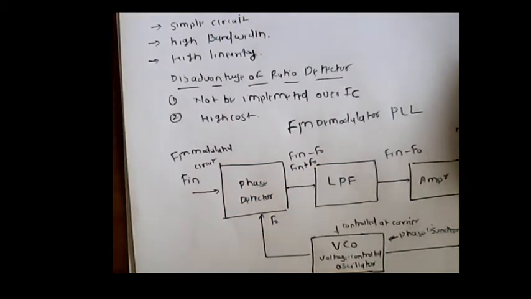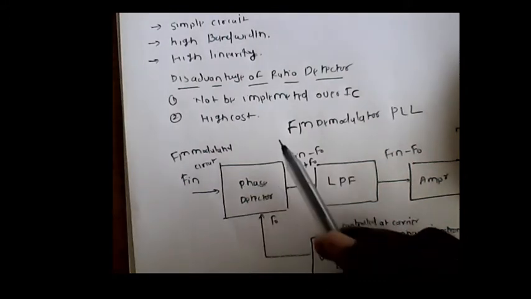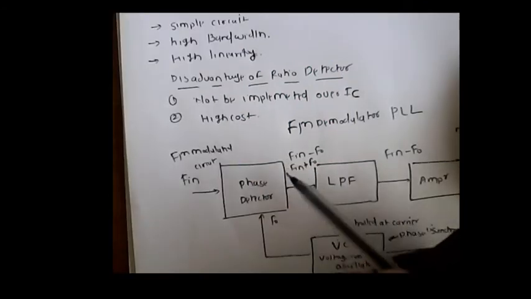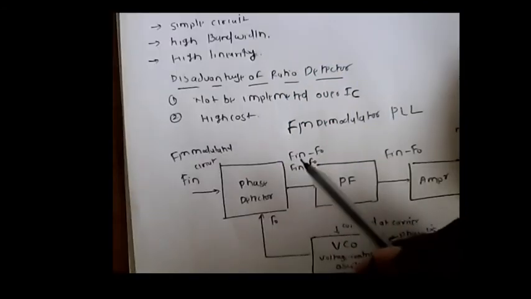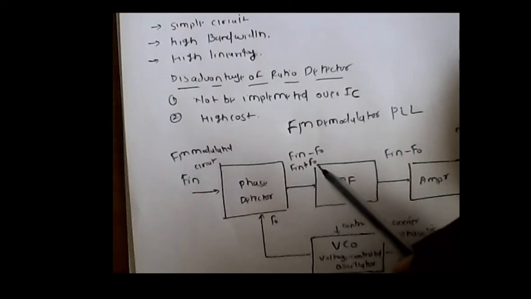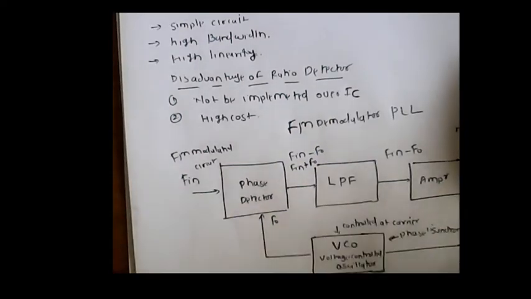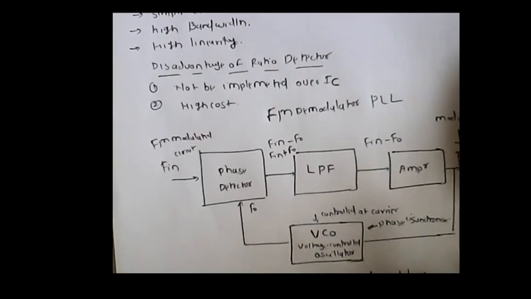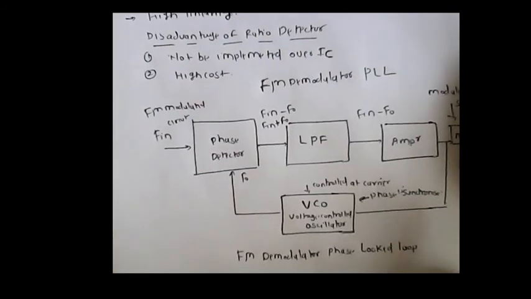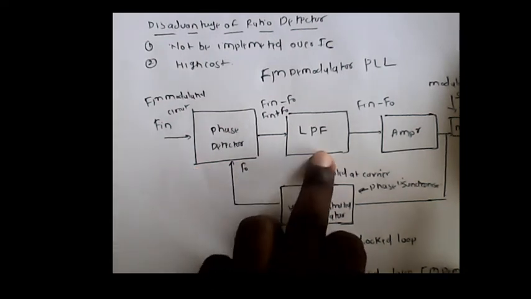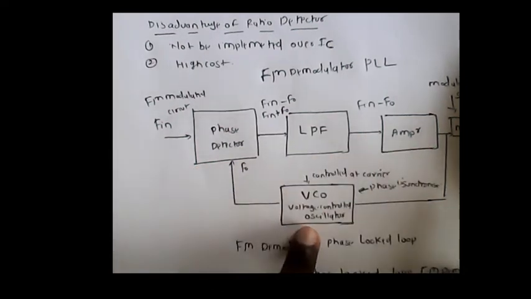To overcome these drawbacks, since FM detectors are mostly implemented on integrated circuits, we use the FM demodulator by phase lock loop. Here the FM demodulator circuit consists of a phase detector, low pass filter, amplifier and voltage controlled oscillator.